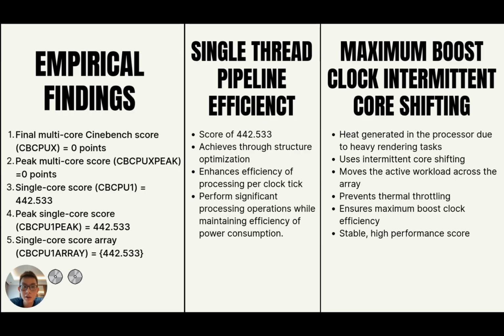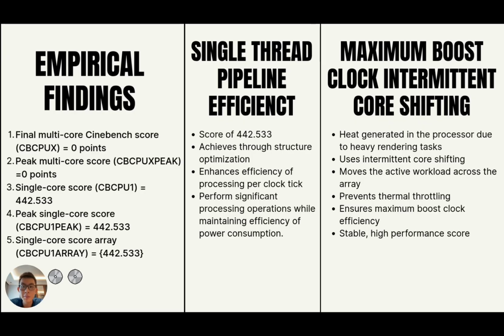This proves that the system runs on a single core and not a multi-core. Then we can see from the single thread pipeline efficiency that a score of 442.533 shows that it is very efficient.